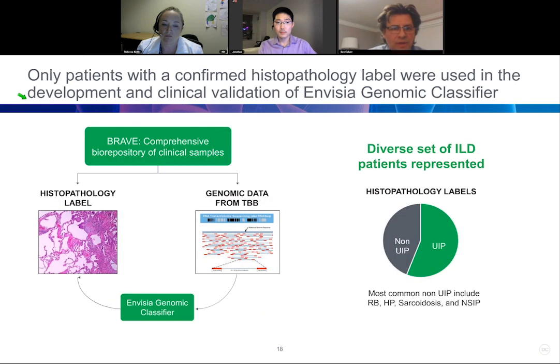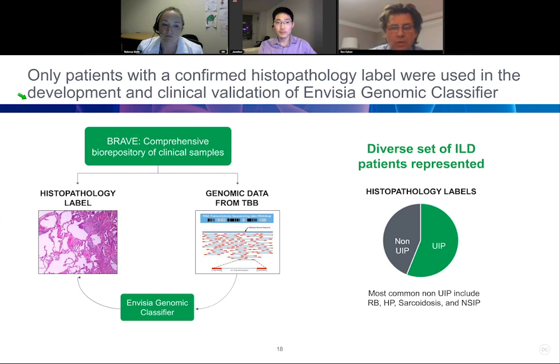So what they did in BRAVE then is they took this repository of clinical samples, they took the genomic data from the transbronchial biopsy, and they looked at how the classifier compared to the gold standard for this, which was the histology. If the histopathology wasn't definitive or conclusive, then that case was not used in the BRAVE study.